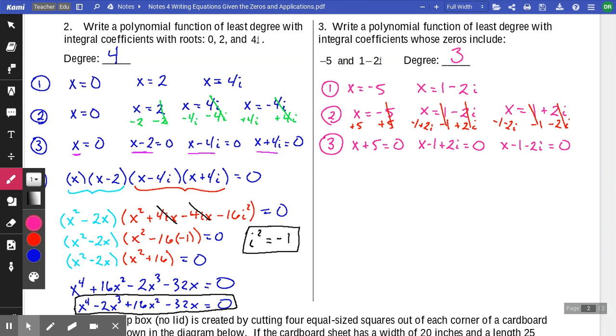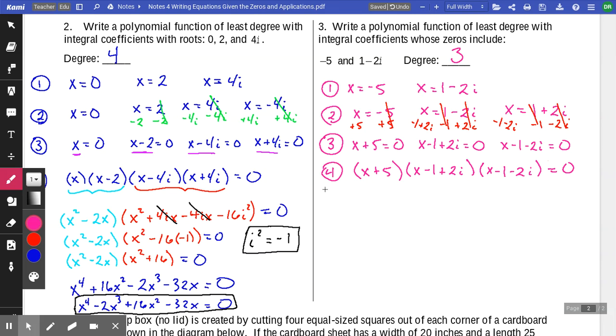All right, so we have all of our equations set up, meaning we now know what our factors had said. The first one was x plus 5. A second factor would be x minus 1 plus 2i. And a third factor would have been x minus 1 minus 2i. And we know the equation was equal to 0 because that's what we set our factors equal to.